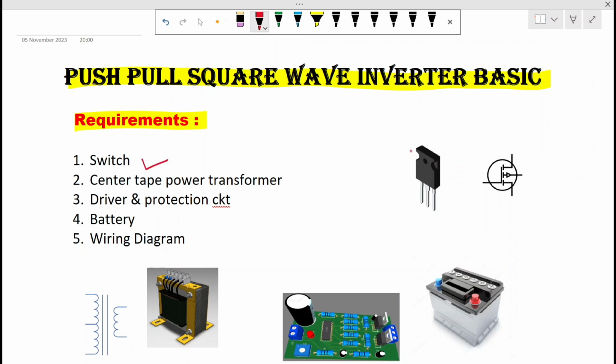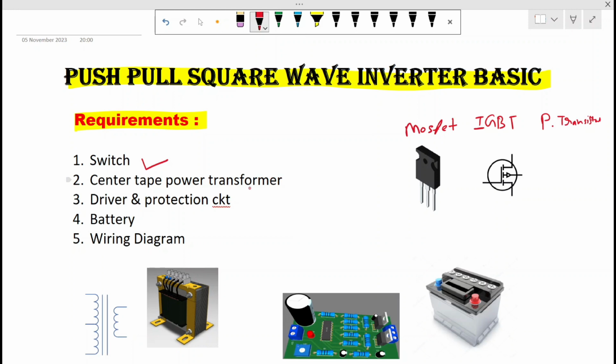It can be a MOSFET, IGBT, or power transistor, which can be used based on our power requirement of the inverter.